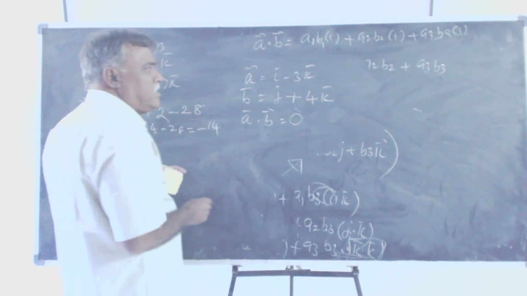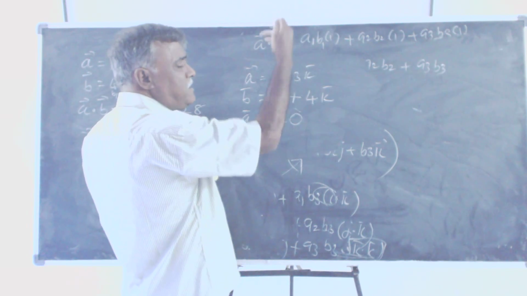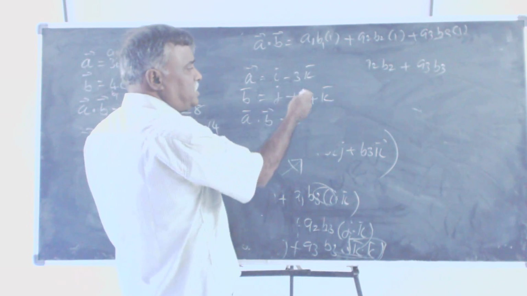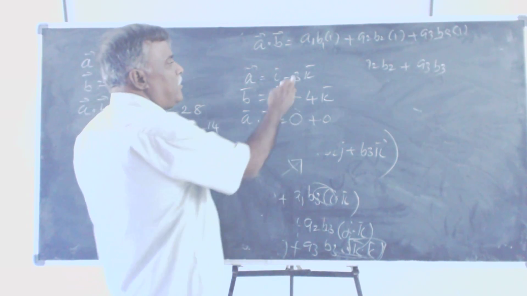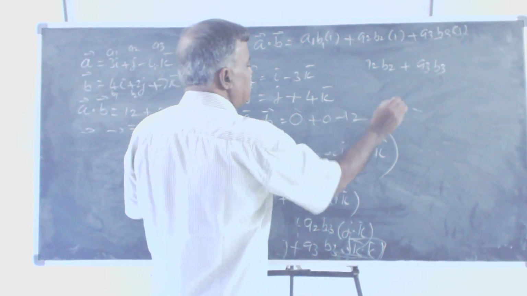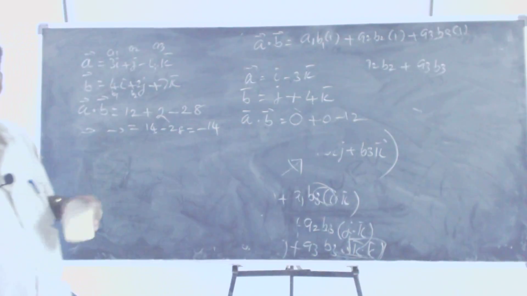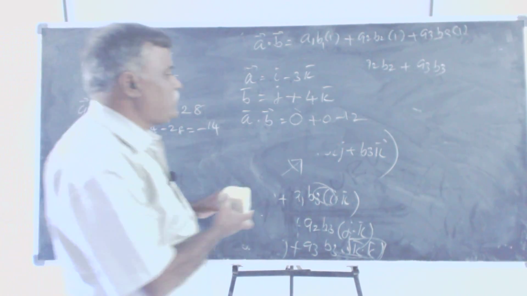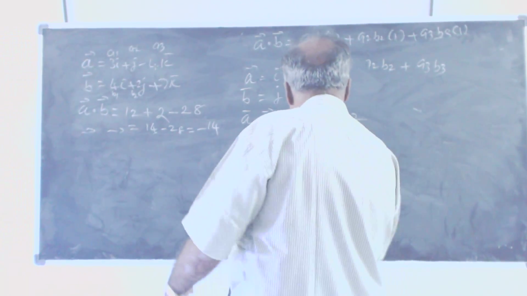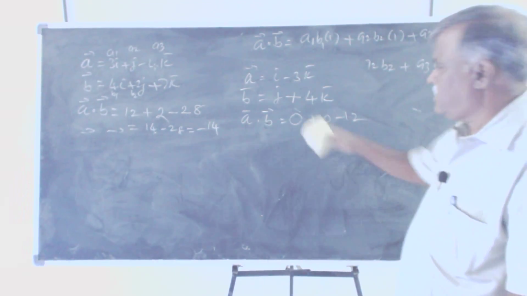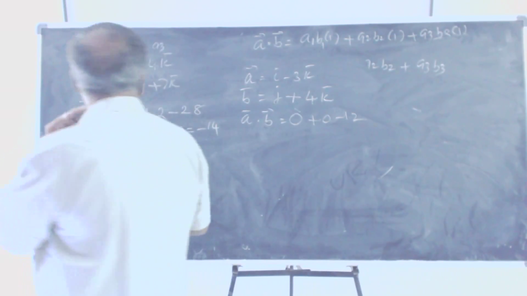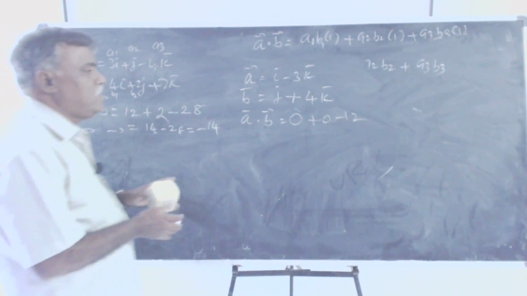The j coefficient: A has no j coefficient, therefore 0. Next, minus 12. So this is how you find the dot product for two vectors. Very simple, even a 9th standard boy can do it.